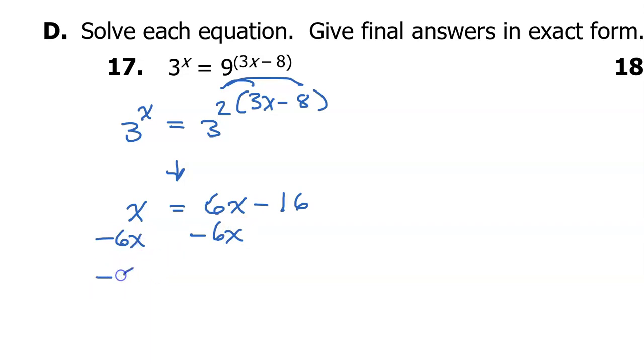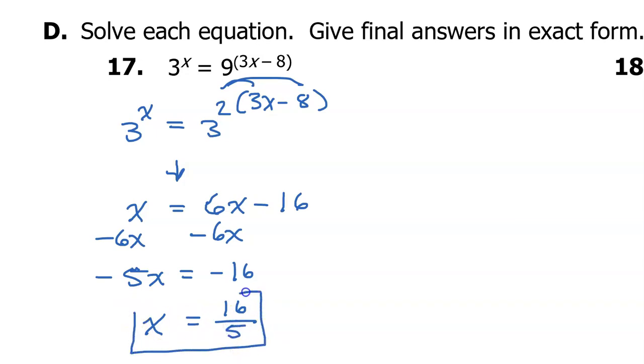That's going to give me -5x is equal to -16. If I divide both sides by -5, I will get x is equal to 16 over 5. So that is the solution to number 17.